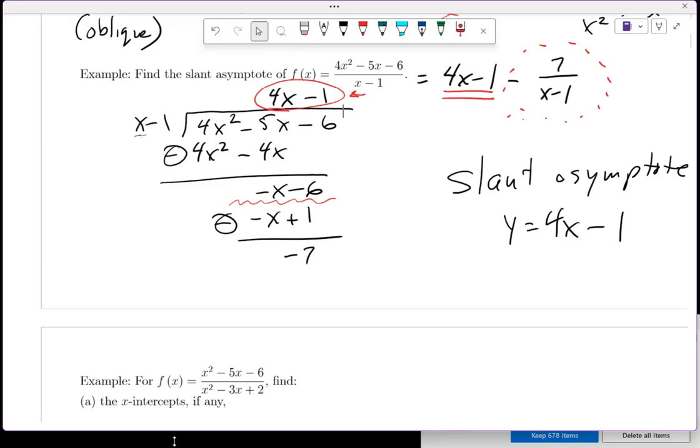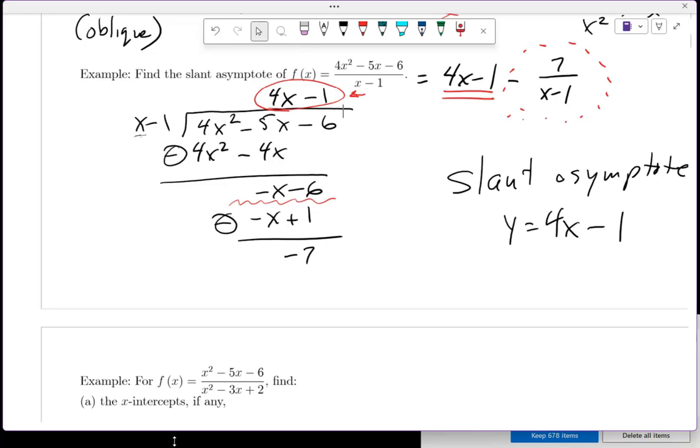These rational functions that we're going to do, we're going to get a pretty accurate graph. It won't be fantastic, but it'll be pretty accurate. The way that we're going to do that is we're going to figure out where it crosses the x-axis, where it crosses the y-axis, where it has asymptotes, and then basically play connect the dots as we go across.